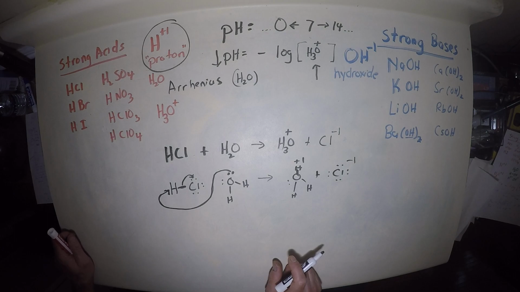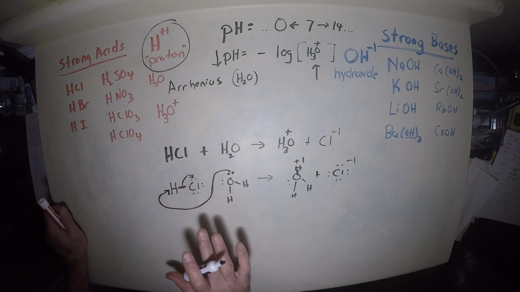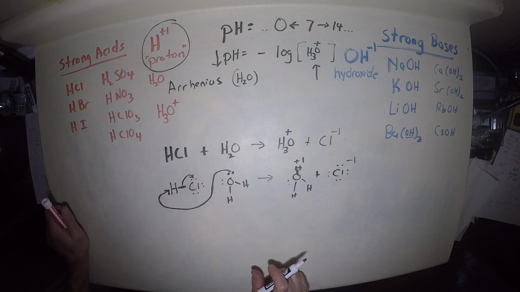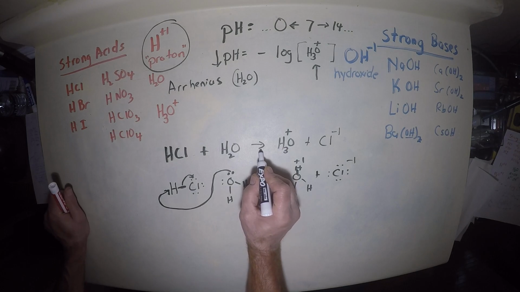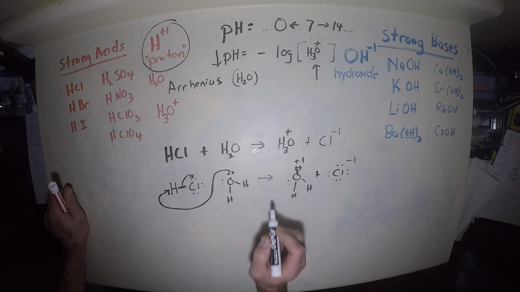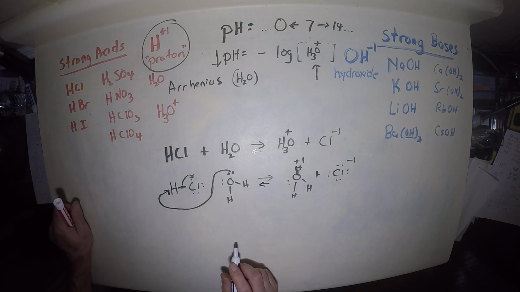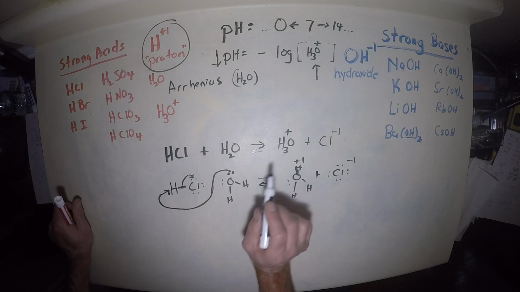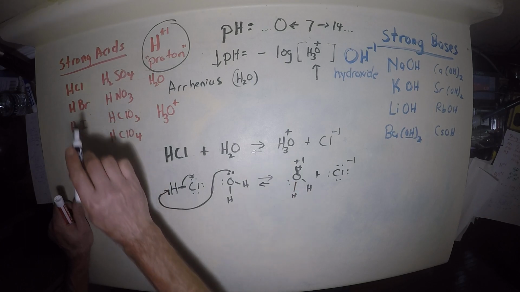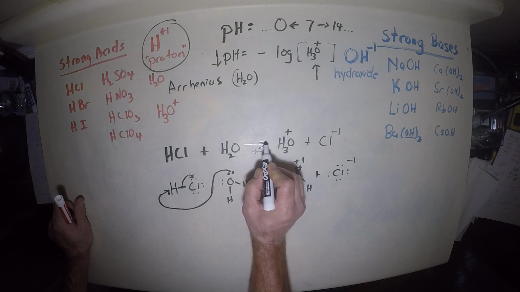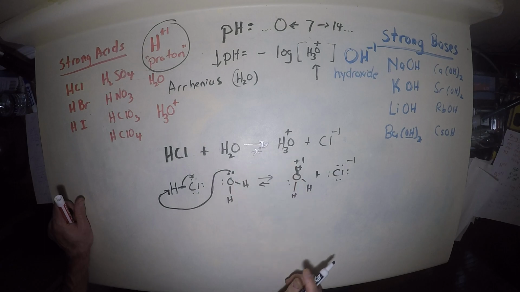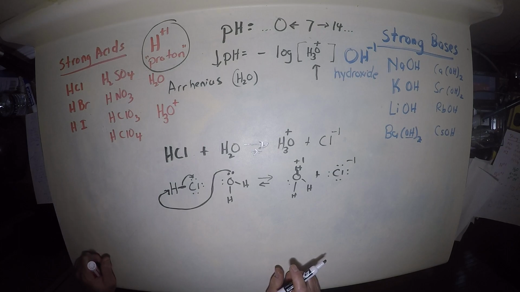And this is very important, as all acids do this basic reaction. They don't all do it to the same extent. So this is a reversible or an equilibrating system, and different acids have different levels of conversion. For your strong acids, we can say they're fully converted, or we can say we can ignore the reverse arrow.